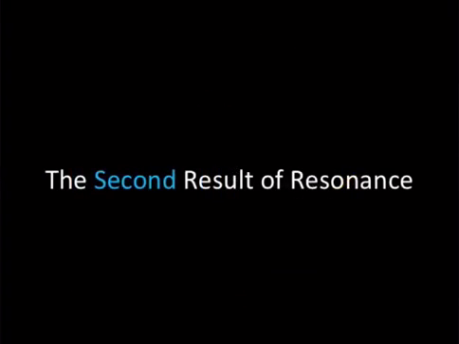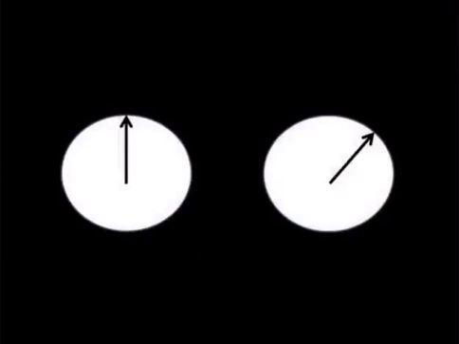So what is the second result of resonance? The second result of resonance is that the magnetic moments move into phase with each other. Phase is the position of each magnetic moment on the precession pathway. They're either coherent, in other words, they're in the same place on the precession path at any given time, or they're out of phase.